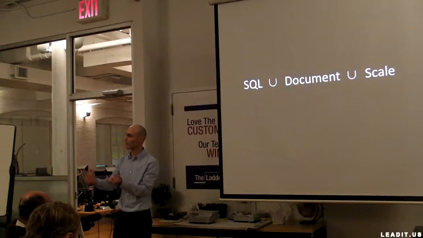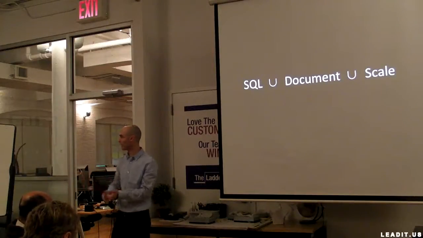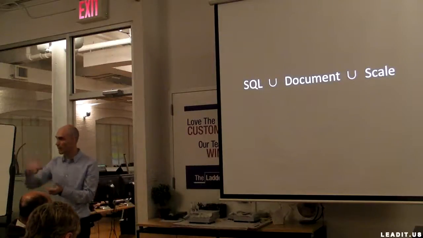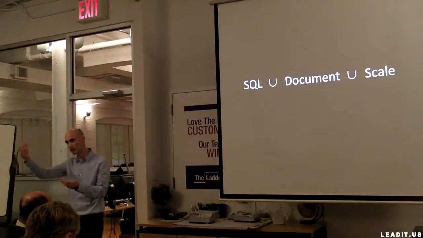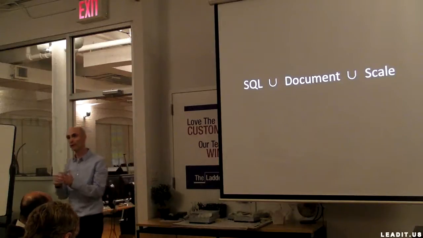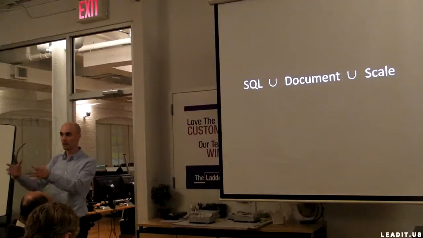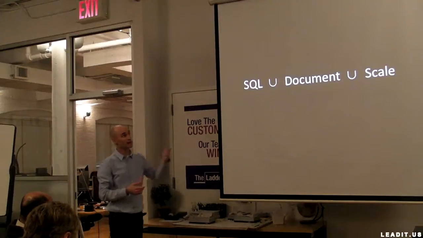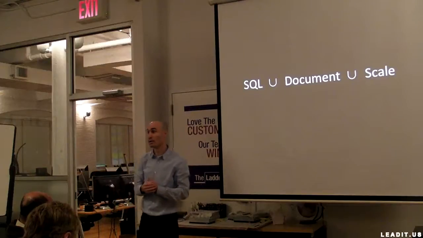Not one row at a time like your regular ORM, that goes back and forth, right? If you want the user, then you get the user, and then its related information, all the tables, and back and forth for each table. I just want to get my object, my document, my group, as we call it. And then I want to be able to scale it when I grow up.